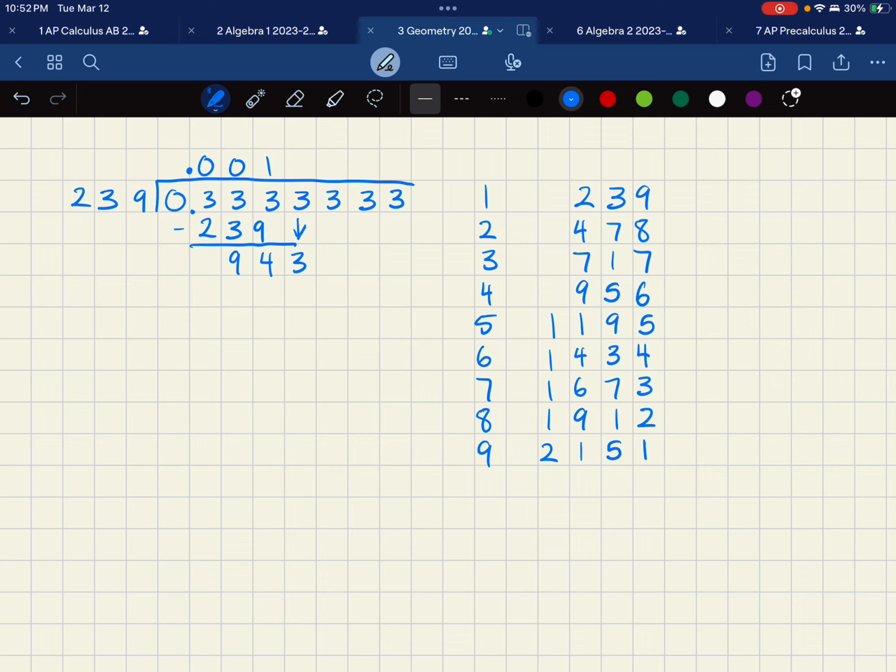943. 4 is really close, but it's unfortunately a 3. And then 3 is going to be 717. So what is that going to be? It's going to be 226. And then I'm going to bring down 3. So that's going to be 2263 here.